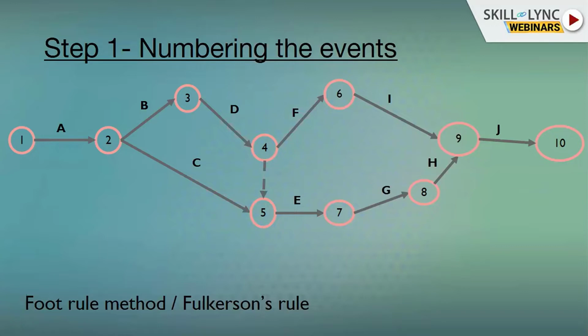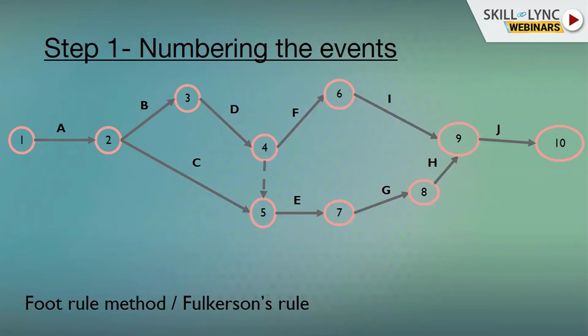Here, the foot rule method of Parkinson's rule we need to follow, which states we start off the numbering of events from left and from top to bottom, which means the event on the left hand side would be one, and as we move along, if there are two events falling on the same axis, then the event which is higher along the y-axis will have the least number, and the event which is having a lower y coordinate will be getting the greater number.